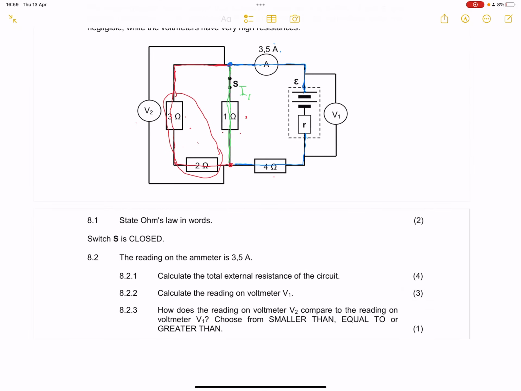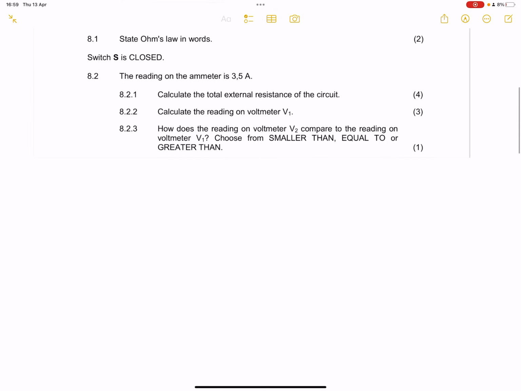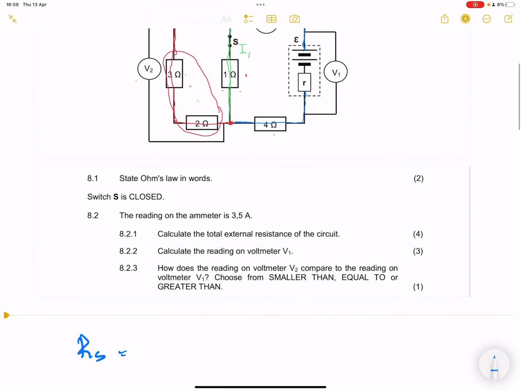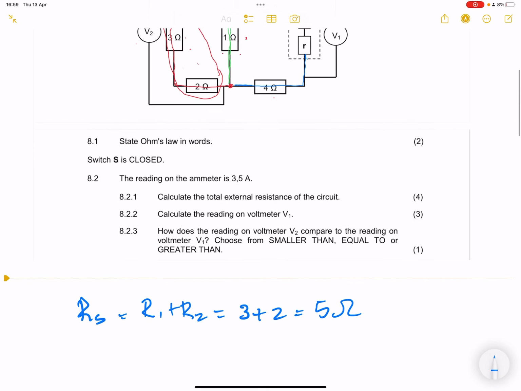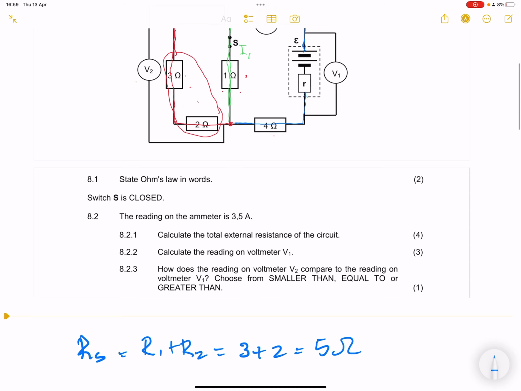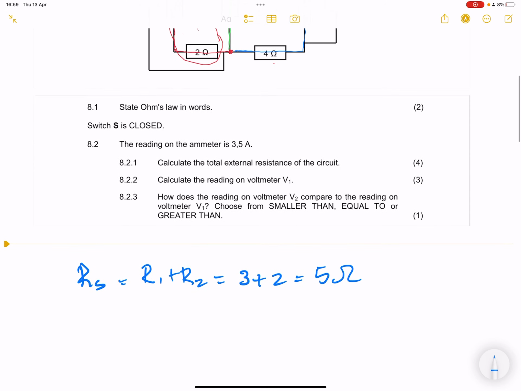So let's take it one step at a time. Let's take our R series. That will be, in this case, R1 plus R2, which will be 3 plus 2, which gives us 5 ohms. Now, both of those resistors are in parallel with the 1 ohm resistor.